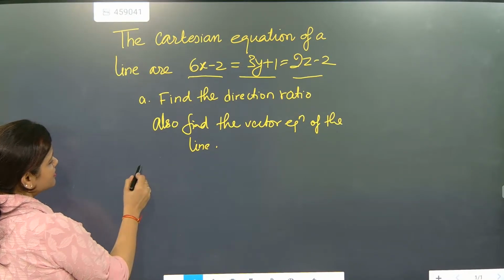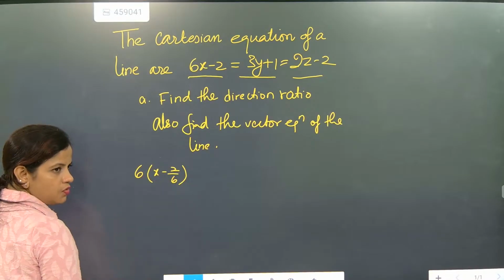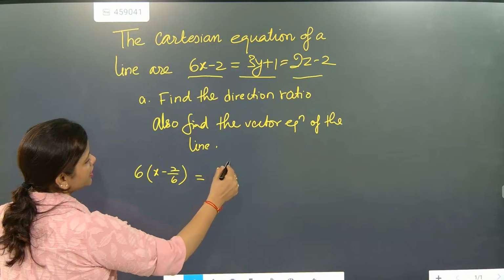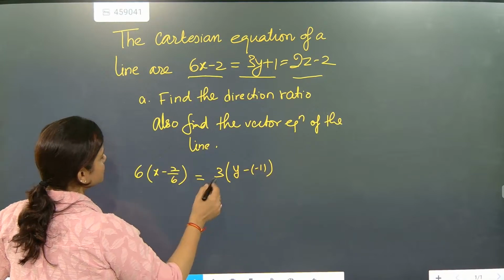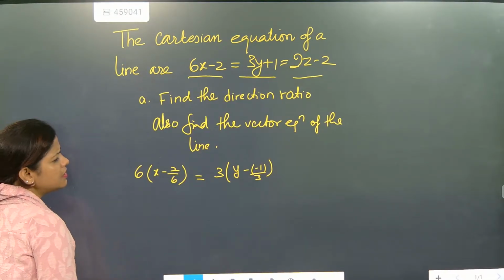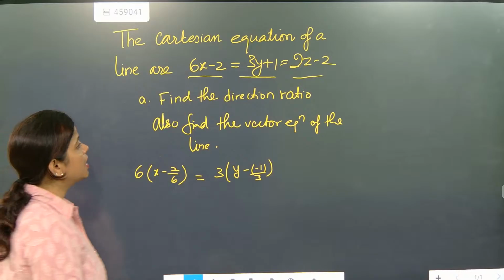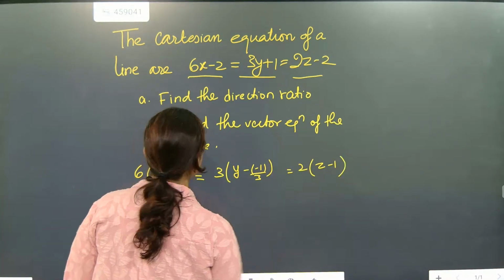Now here, 6 will come out, x minus 2 by 6. We have taken it out, done. Now here, 3 we will take out, y minus of minus 1, so that part will become y plus 1 by 3. Now the second section: 2 taken out, it will become z minus 1.